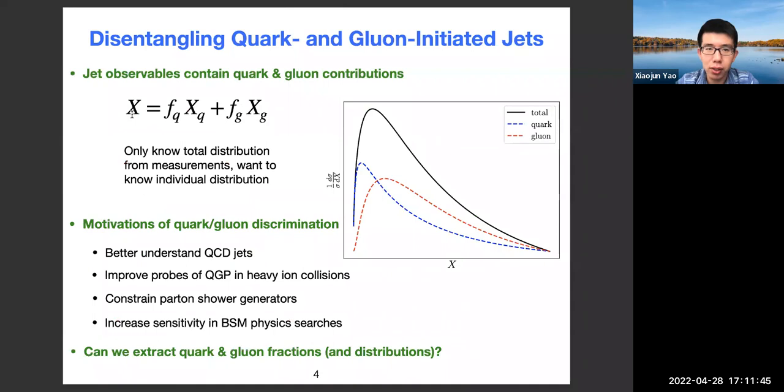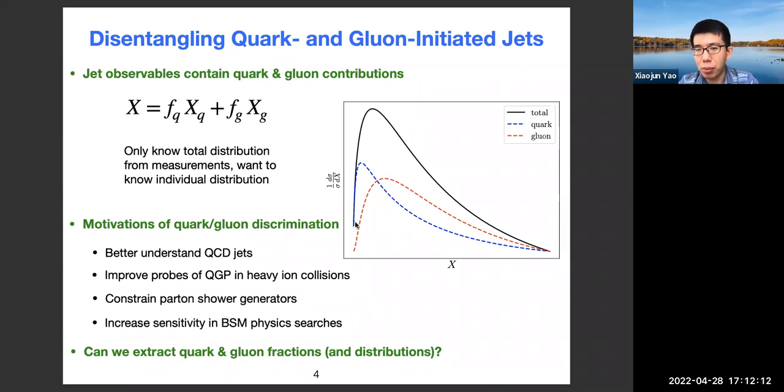For example, for observable X, we have both quark contributions XQ and gluon contributions XG, and they have different fractions FQ and FG. From the experimental measurements, we only know the final distribution of the total observable X. But our objective is to know the individual distributions of XQ and XG, and also learn the fractions FQ and FG.